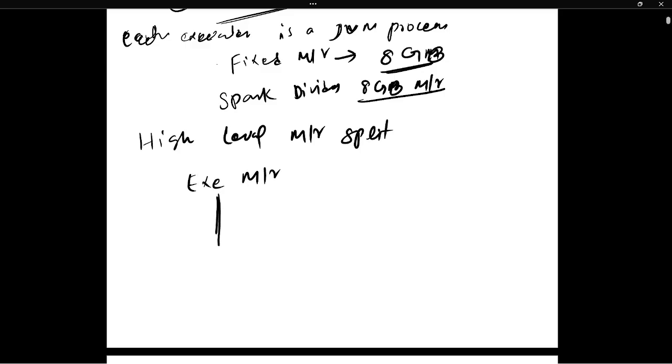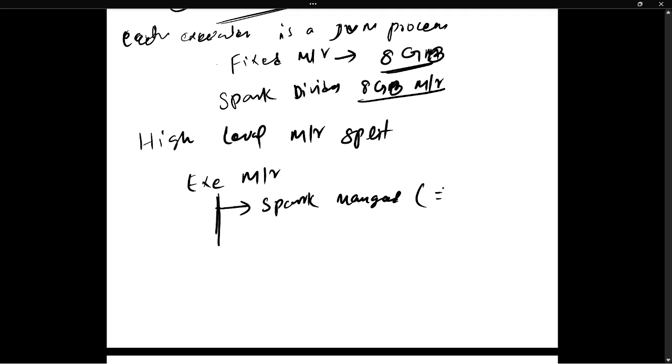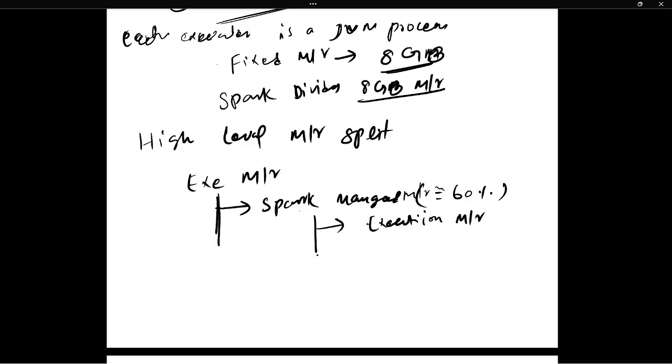And in this memory, one part is Spark managed, which is approximately 60%, that is, a 0.6 fraction is managed by this. So the Spark managed memory has two things: one is for execution memory, and the other is for storage memory.